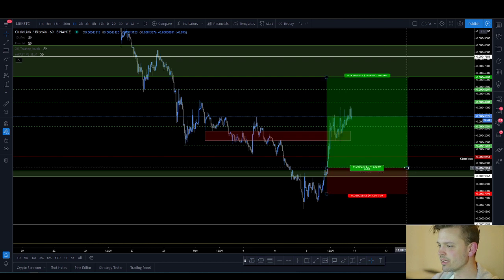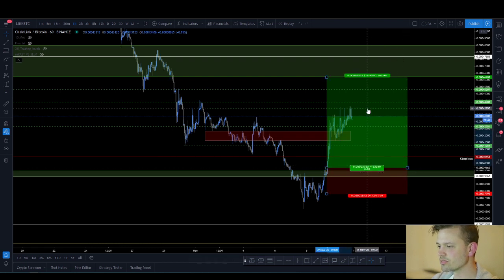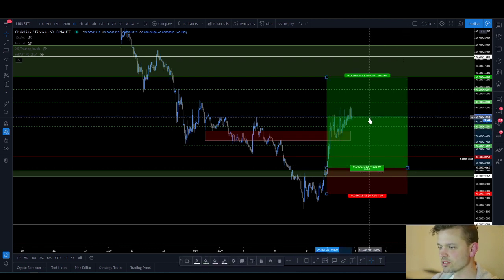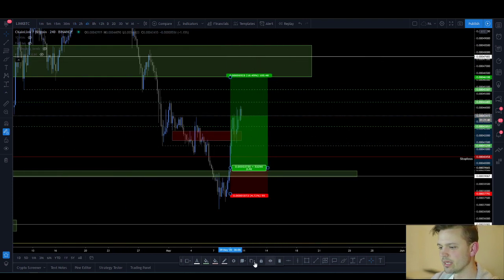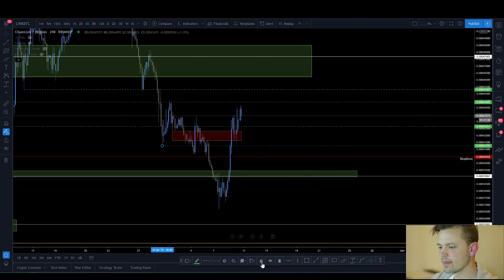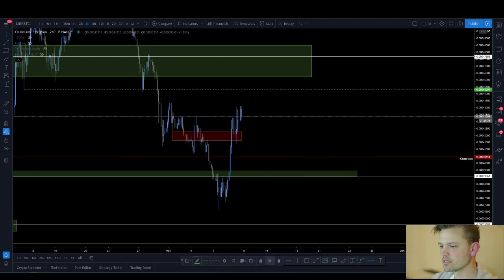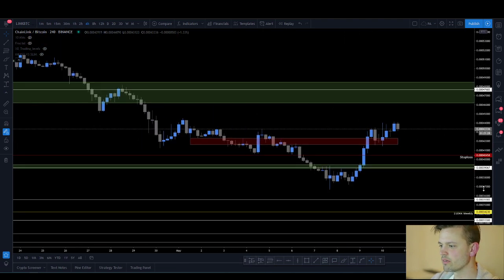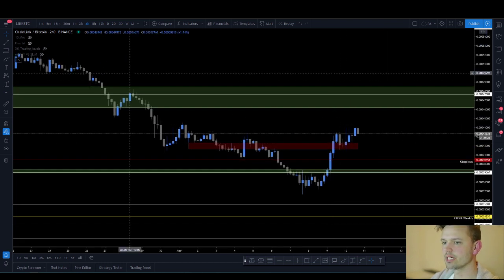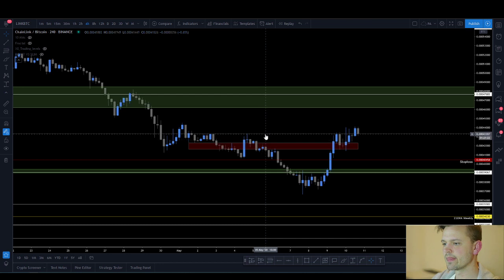Let's see if we can find, I guess you're not in a position, and if you are not in a position, let's see if we can find any decent levels. Let's make a setup on this one in case you are not in a position. So let's assume you are not in a position. So what do we have here? Well, 4 hour, I think this level is pretty obvious, right?